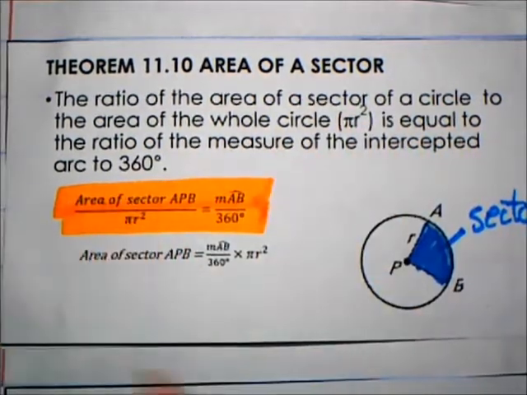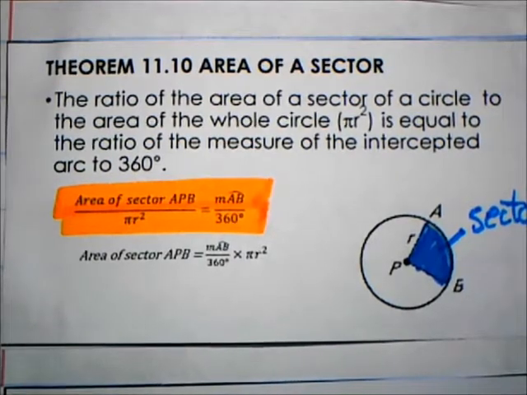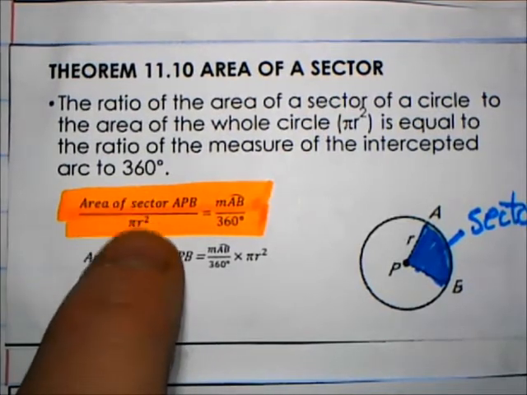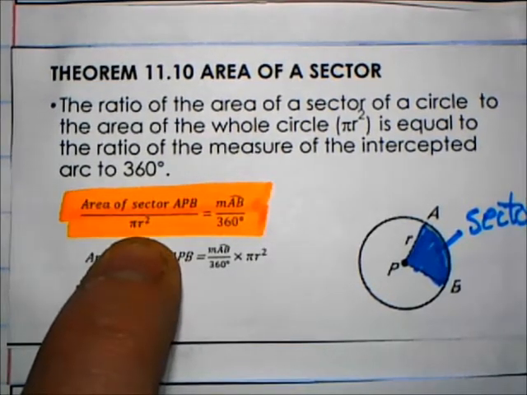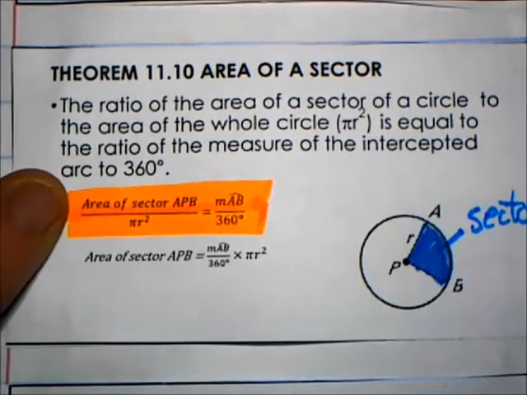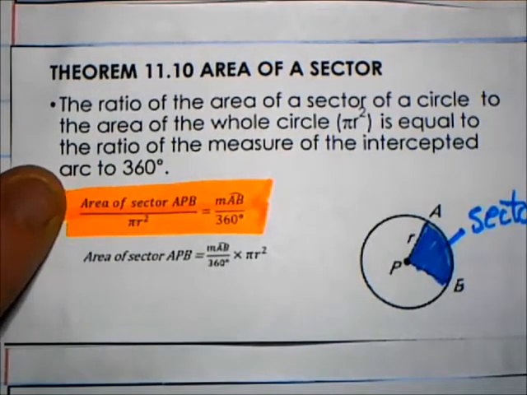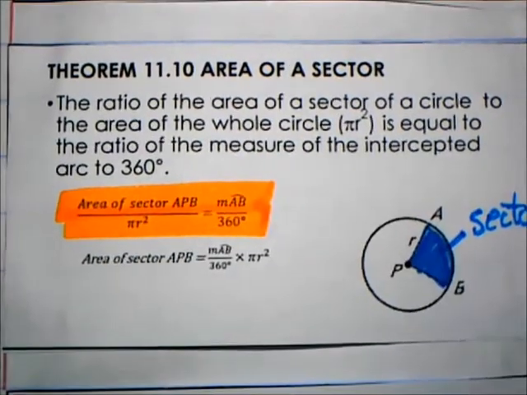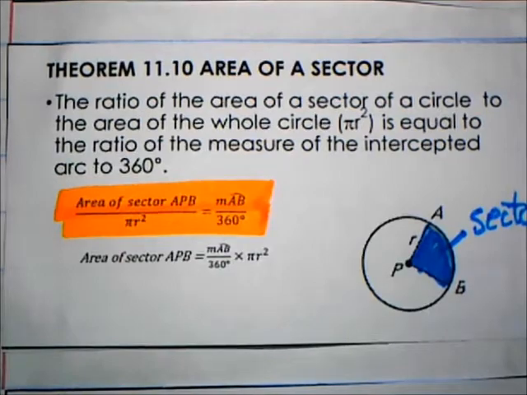This is like your other formula on circles, where you found the arc length. It's the same kind of setup, except now one ratio is dealing with the area, so the bottom is the area formula of pi r squared, and the top is the area of that sector. On this one it has APB, which is that wedge for that particular setup.